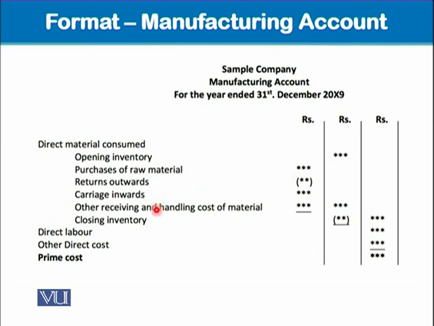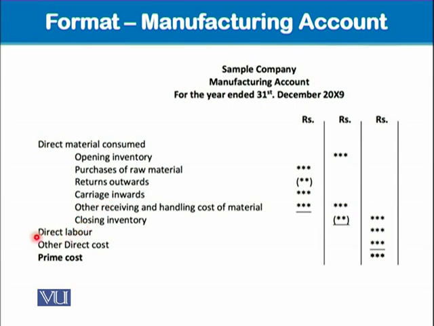Then carriage inwards and other receiving and handling cost of material will be included in this cost of purchase, which will then be taken to the other column where we will add opening inventory of raw material, and then subtract closing inventory, so that we have the direct material consumed figure over here. That's why we used direct material consumed.